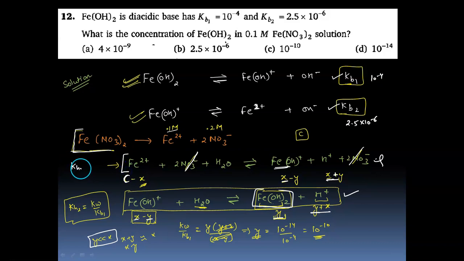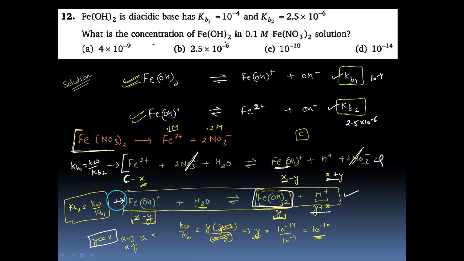That would have been KH1, which is equal to Kw upon Kb2. For this reaction, this is Kw upon Kb1. We should understand that reverse of neutralization is hydrolysis, right? So for this we have to find the value of Y, because that is the concentration of Fe(OH)2.